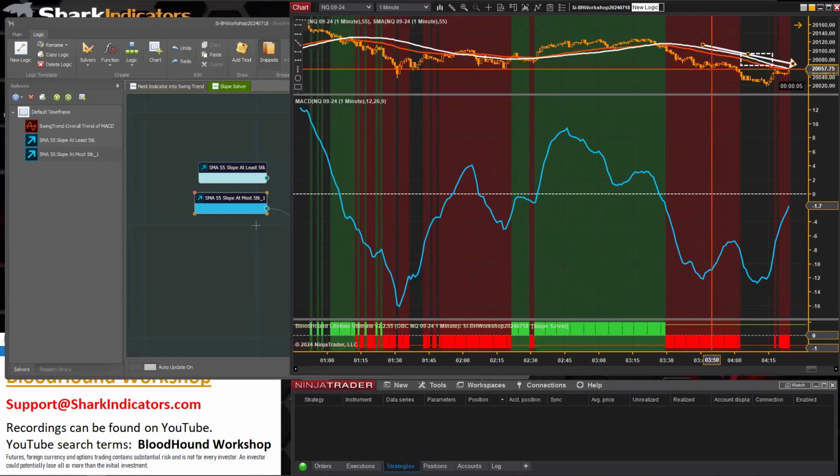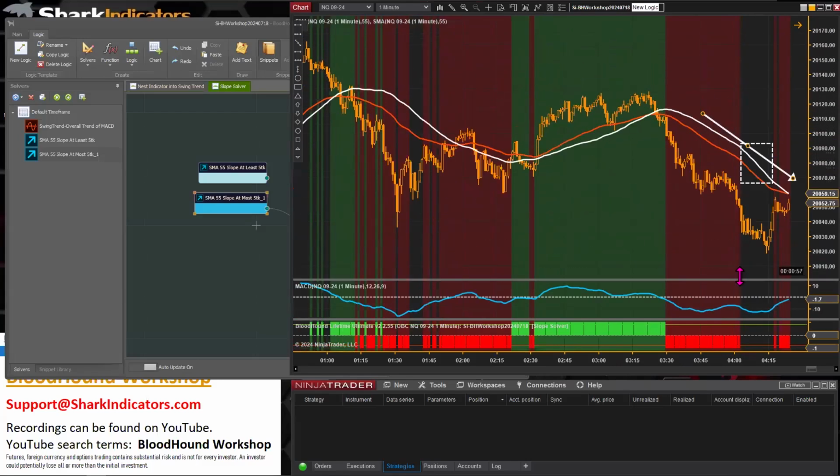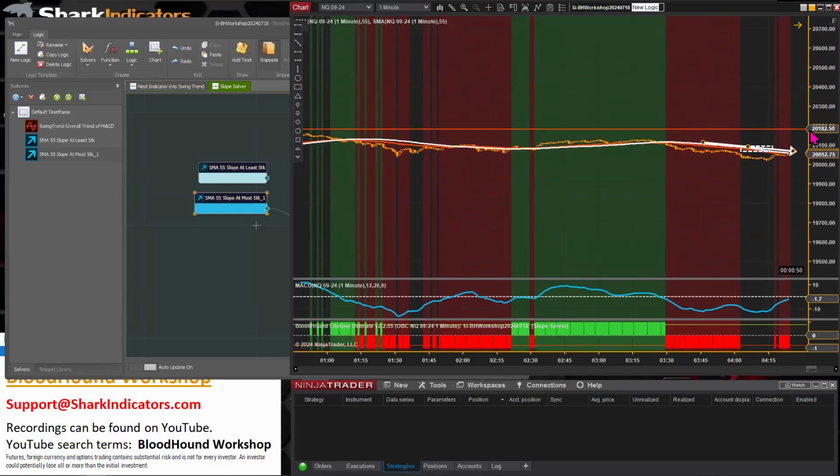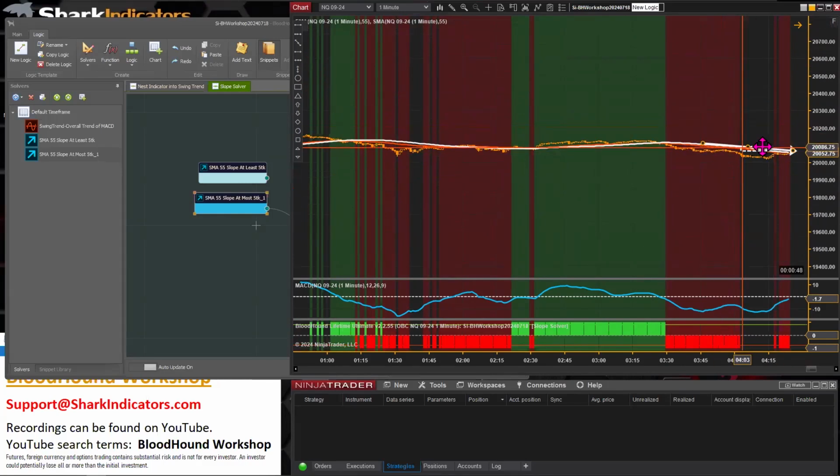So you can't use degrees on a chart because it all depends on your y-axis, right? How much is the y-axis getting compressed? If it's getting compressed a lot, then everything flattens out. So using degrees is useless when it comes to charting.